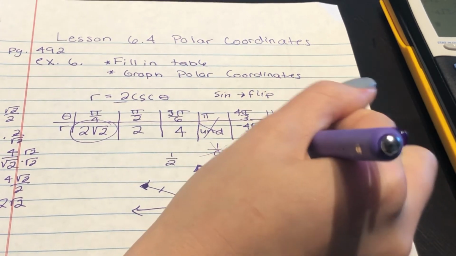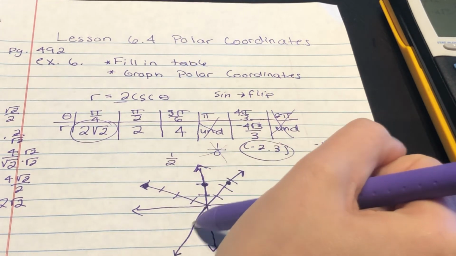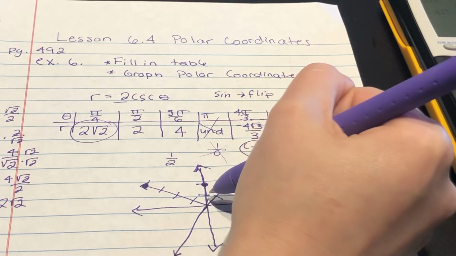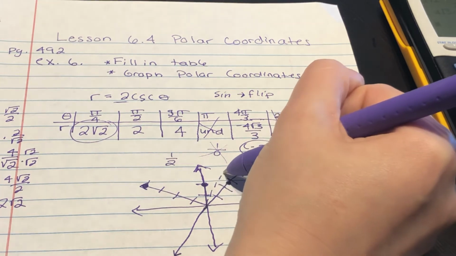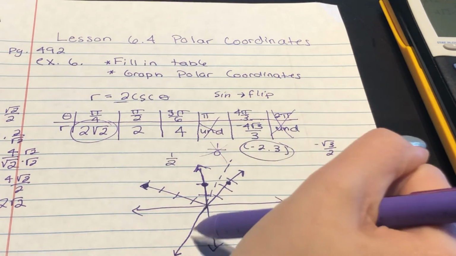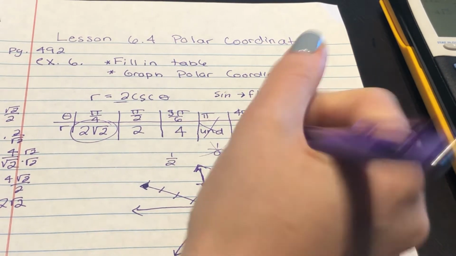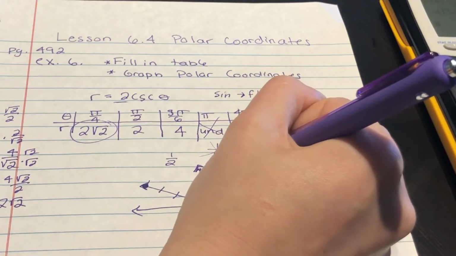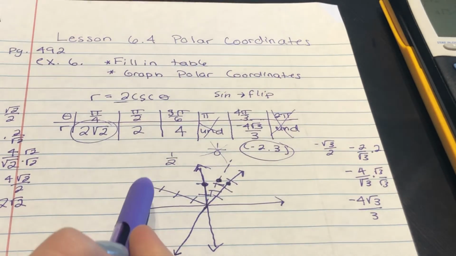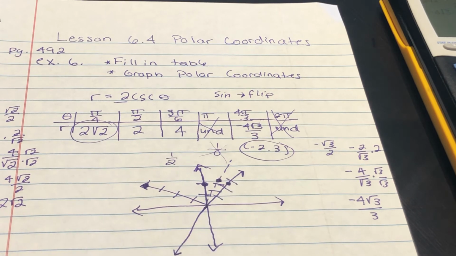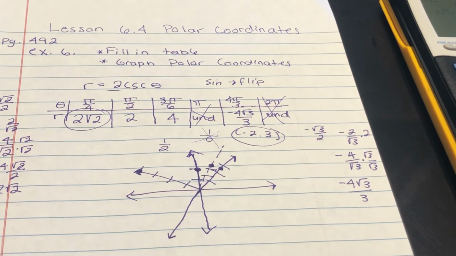But notice we have a negative. So remember, the negative's not on this portion, it's on the other side, because we're talking about negative. So it wouldn't be over here 2, it'd be this way 2. So 1, 2, point 3, about right there. So we got 4 points because these two were undefined. So that's how you do number 6.